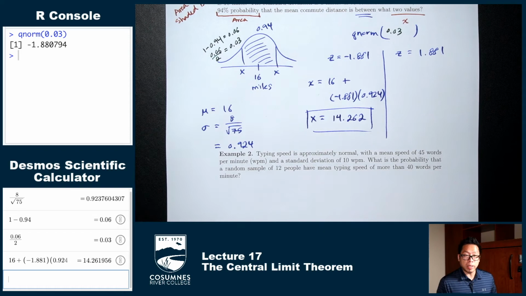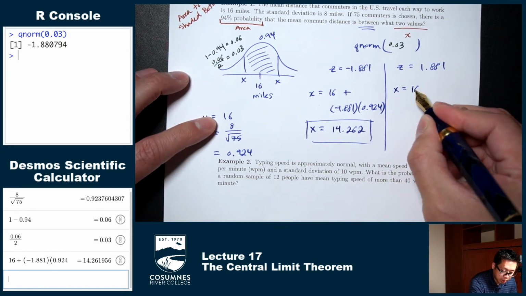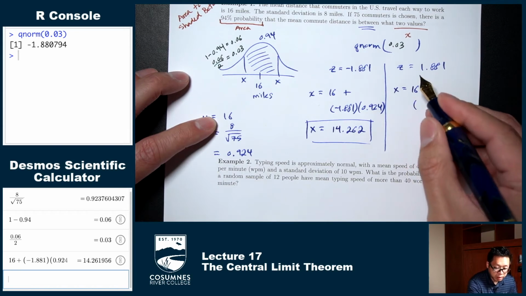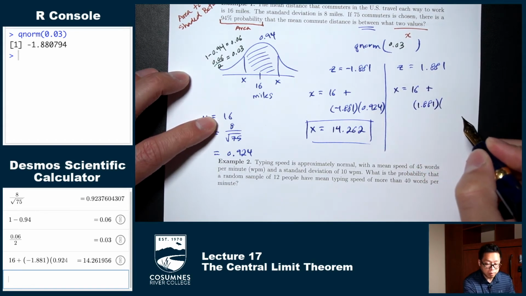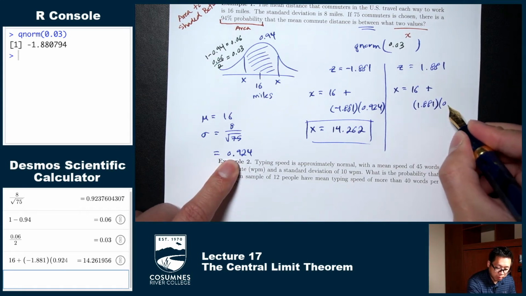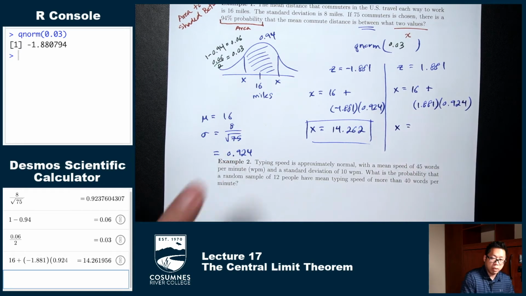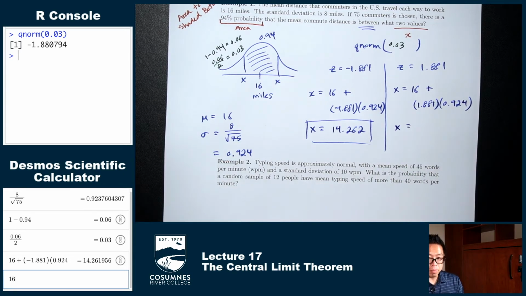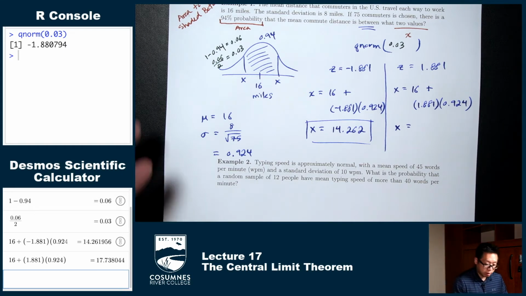Do the same thing for the other Z. So X equals the mean, which is 16, plus Z, 1.881, times the standard deviation, 0.924. And on the calculator, 16 plus positive 1.881 times 0.924 is 17.738.